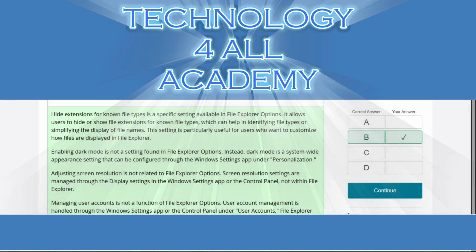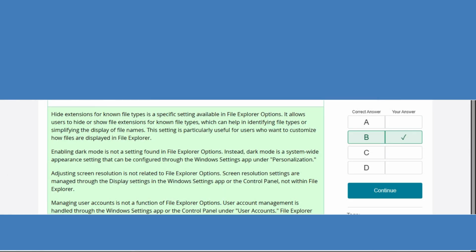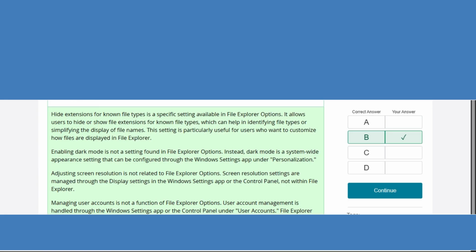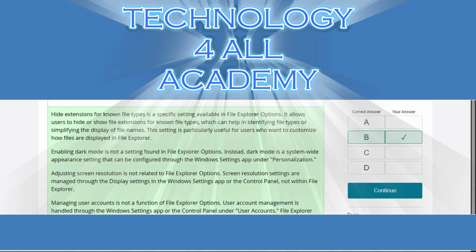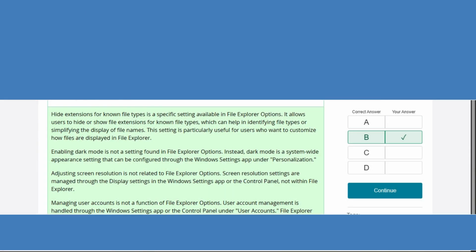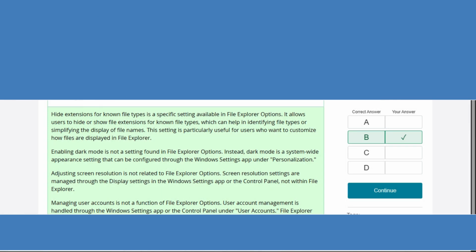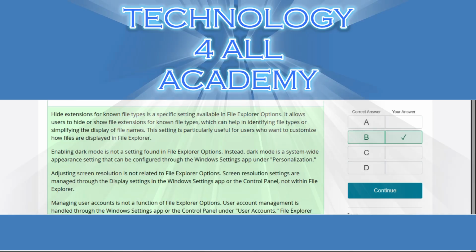And for the wrong explanations, enabling dark mode is not a setting found in File Explorer options. Instead, dark mode is a system-wide appearance setting that can be configured through the Windows Settings app under Personalization. Next, adjusting screen resolution is not related to File Explorer options. Screen resolution settings are managed through the display settings in the Windows Settings app or control panel, not within File Explorer.